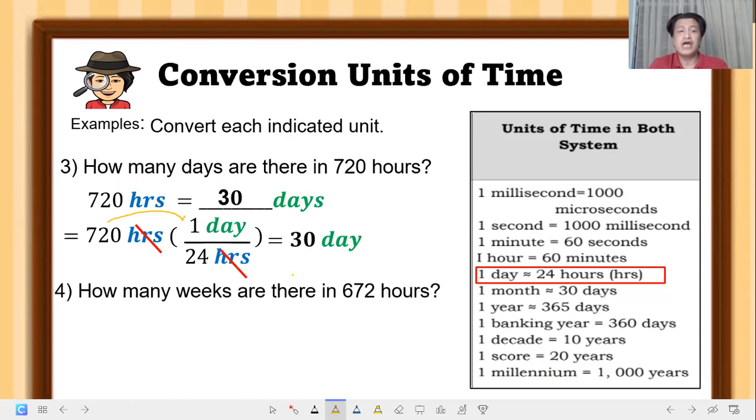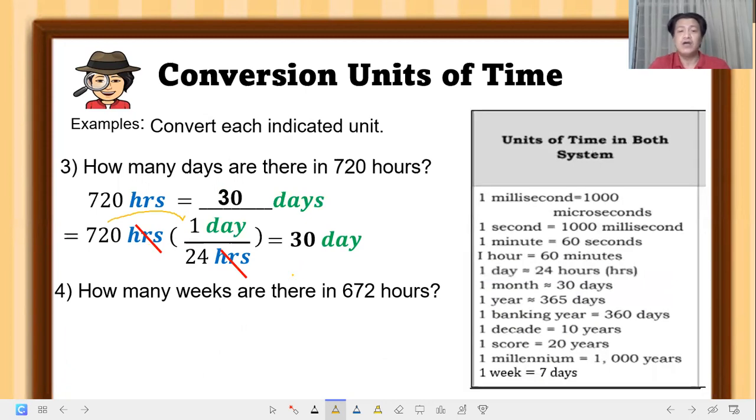Okay, let's have number 4. How many weeks are there in 672 hours? So, okay, that means from hours, we will convert to weeks. So write the given first, then write it into dimensional analysis.